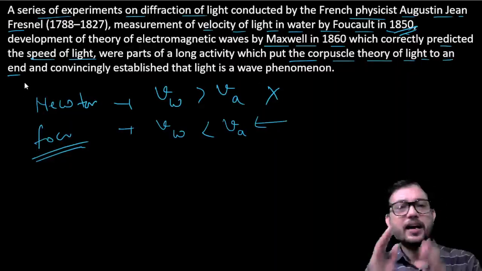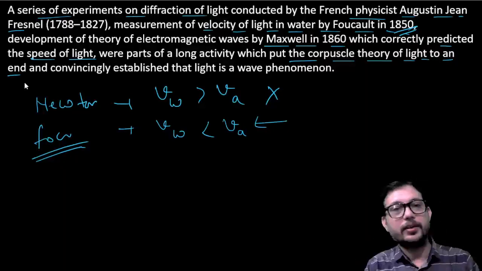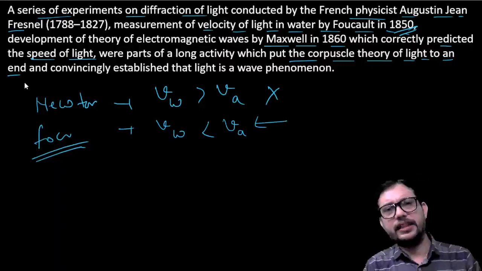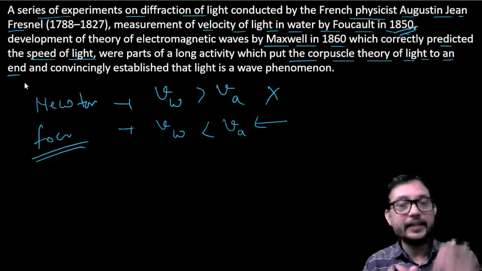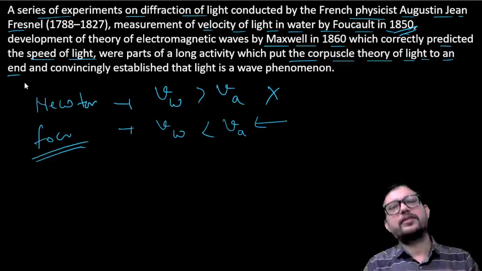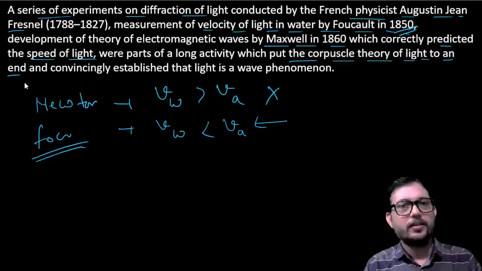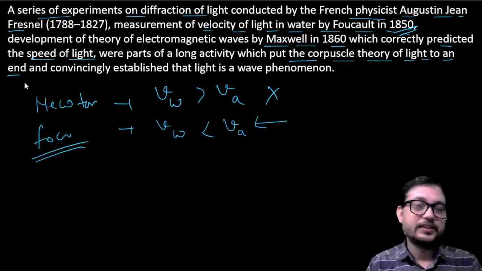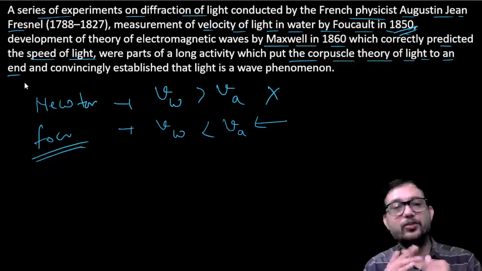It means after Maxwell's wave theory, the electromagnetic theory, after the final development, whatever started from Huygens and came to Maxwell's electromagnetic theory, finally there is an end of the corpuscle theory given by Newton.